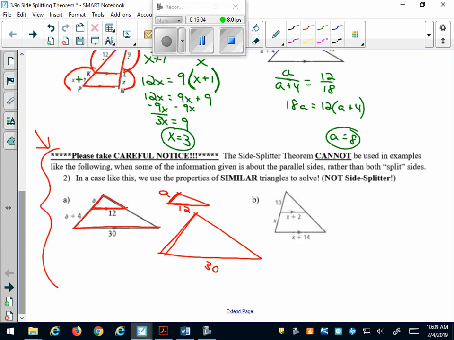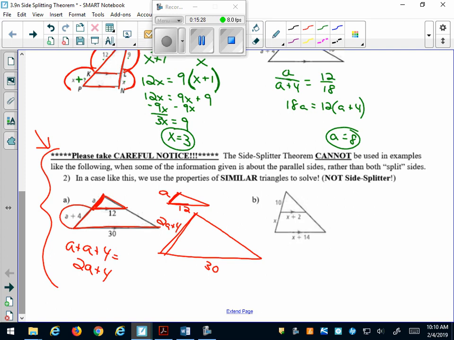A plus A plus 4, right? Because it's this part, A, plus this part, A plus 4. So A plus A plus 4 equals 2A plus 4. So this side is 2A plus 4.